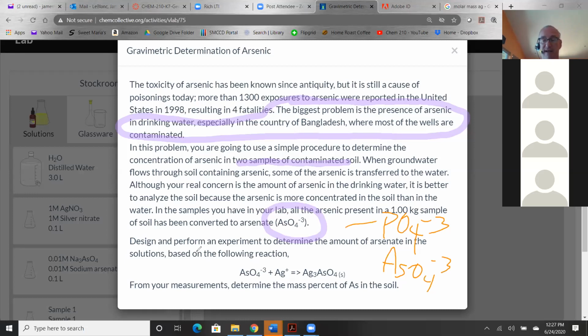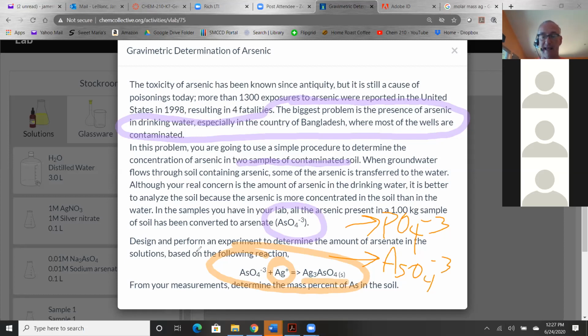So just like phosphate, we have arsenate, and this is the reaction we're going to be doing today. We're going to be taking a soluble arsenate ion in aqueous solution, so it's going to be in water. We're going to be adding a salt that contains silver. When silver ions and arsenate ions come together, they react and form silver arsenate.